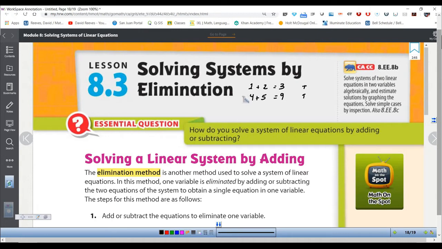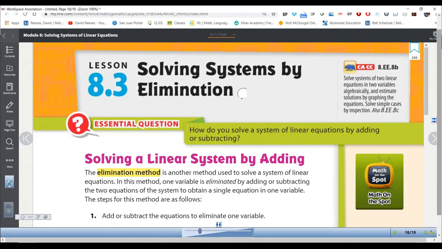And now I'm going to add these two equations together. When I add them, 1 plus 4 is 5, 2 plus 5 is 7, and 3 plus 9 is 12. And I hope you can see that when we added a true equation to a true equation, we got another true equation.